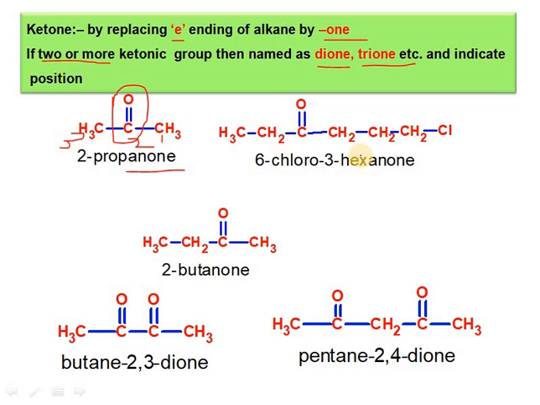Next, the molecule we have seen. The numbering is given, which is correct, like this: 1, 2, 3, 4, 5 or 6? Which is correct? This is 1, this is 2, it is 3, it is 4, it is 5, it is 6, and it is 7.